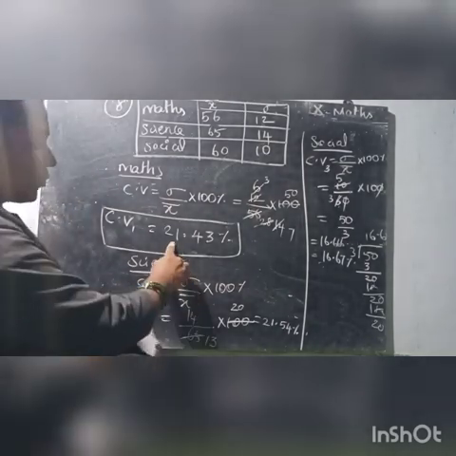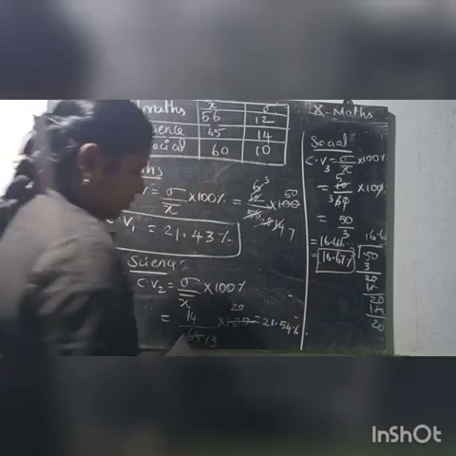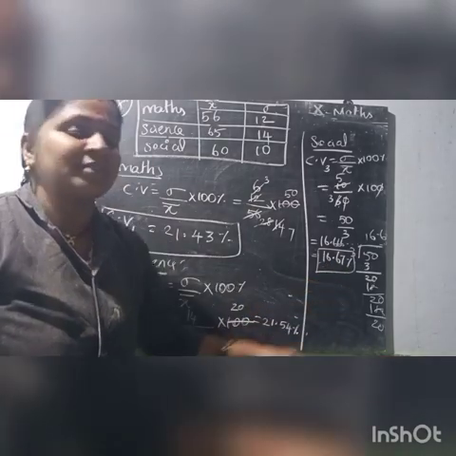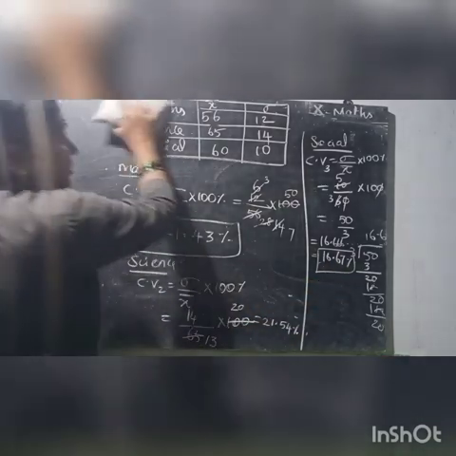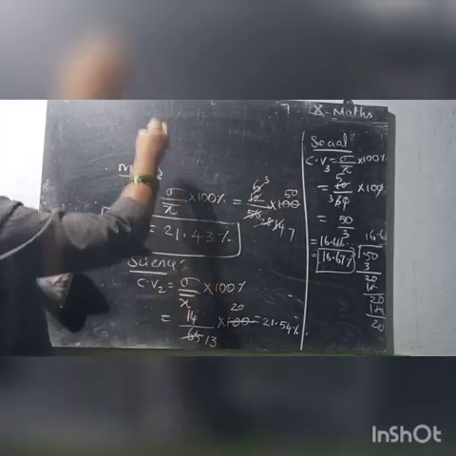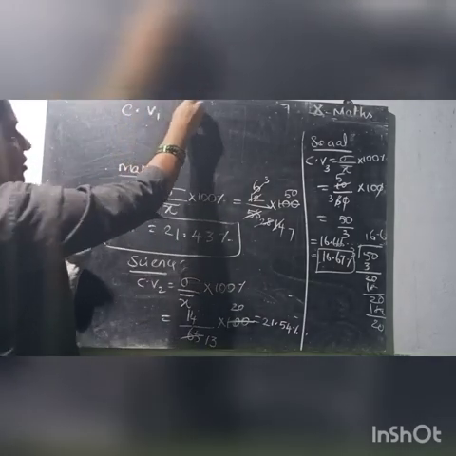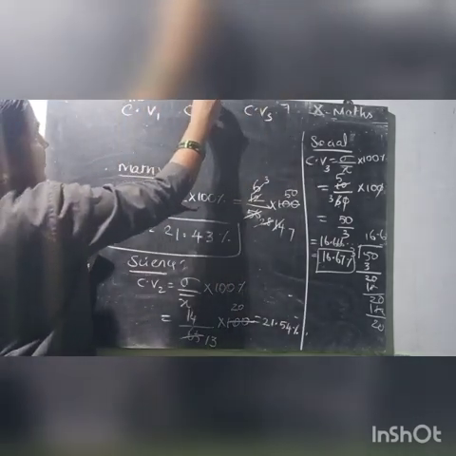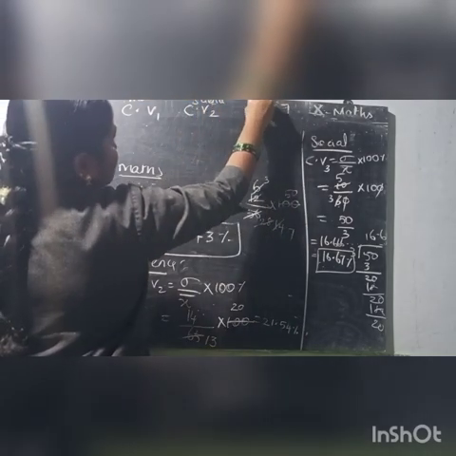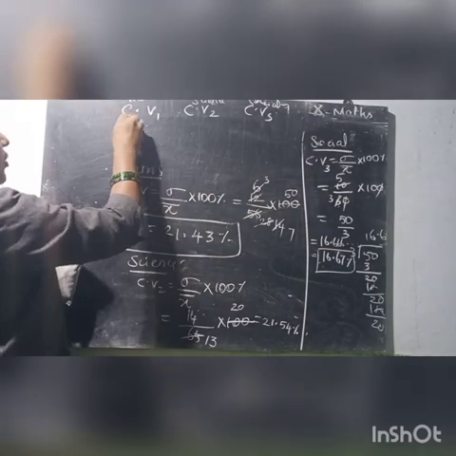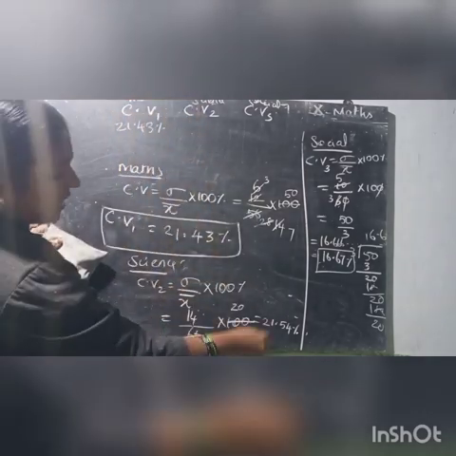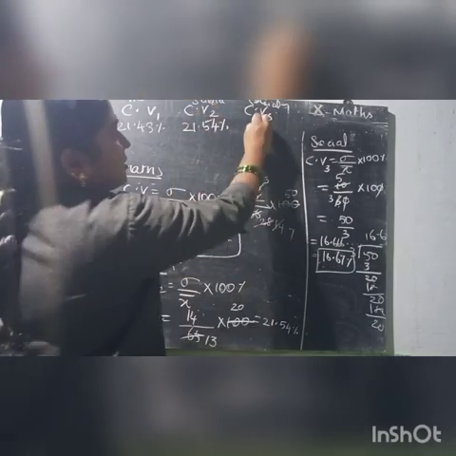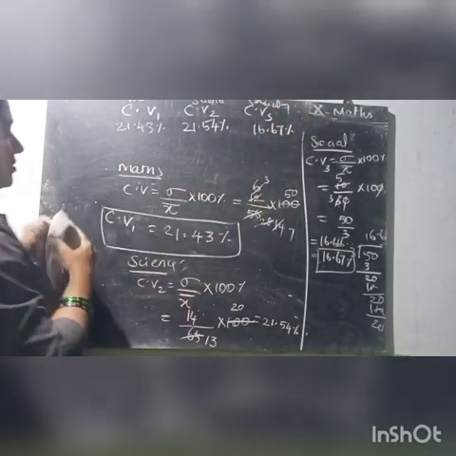See, the first value is 21.43 percentage. Then the second value is 21.54 percentage. And the third, social science variation, is 16.67 percentage. So coefficient of variation 1 is for maths, 2 for science, and this is for social. First value 21.43 percentage, for science 21.54 percentage, and for social 16.67 percentage.